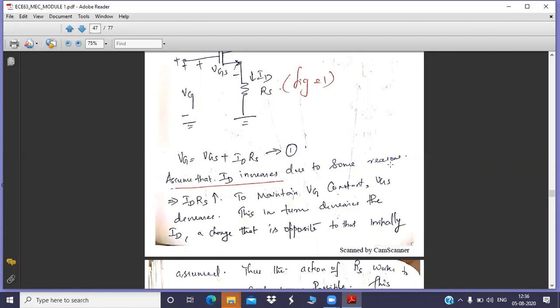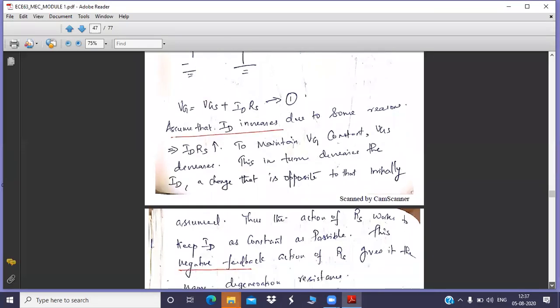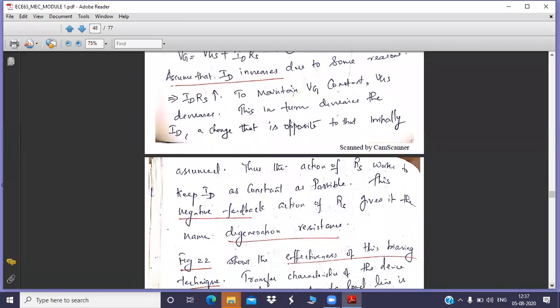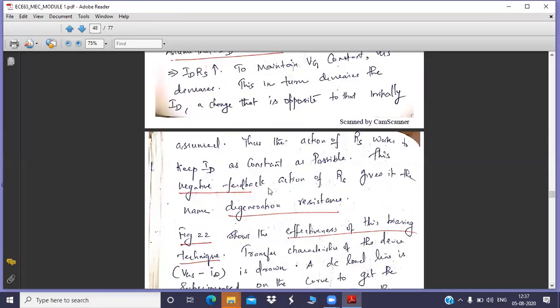Understood? So I repeat, if ID increases, ID RS increases. So to maintain VG constant, VGS should decrease. That VGS will decrease automatically so that ID remains constant. As ID remains constant, your Q point will be fixed and you have done a negative feedback. That is nothing but your degeneration action. So that resistance is known as degeneration resistance.